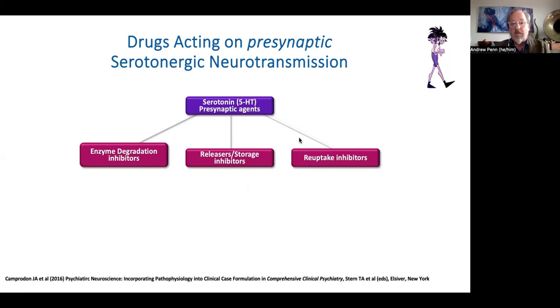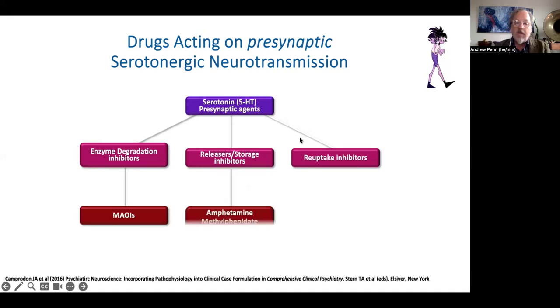We can also cause serotonin to be released, and we have serotonin releasers, probably the best example of that would be MDMA, which is in the amphetamine group, but unlike other amphetamines, which largely release dopamine and norepinephrine, MDMA is largely a serotonin releaser with a little bit of dopamine and norepinephrine release. But that is a way that we can manipulate serotonin.